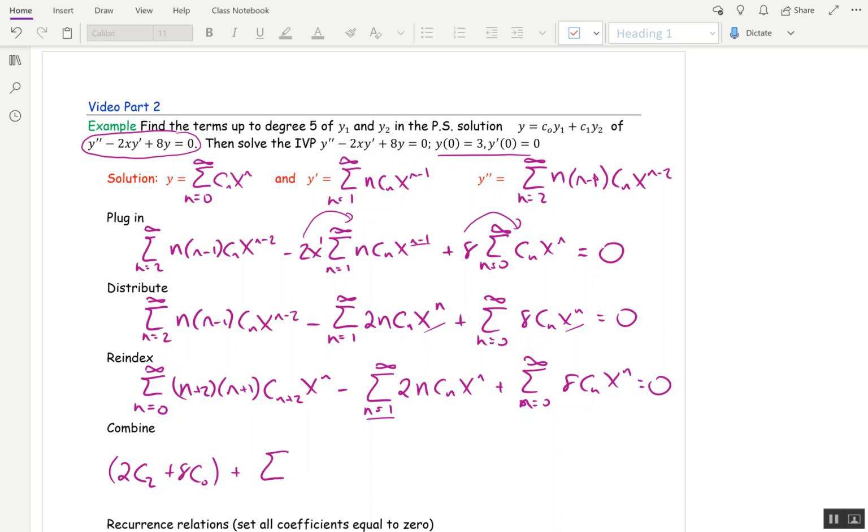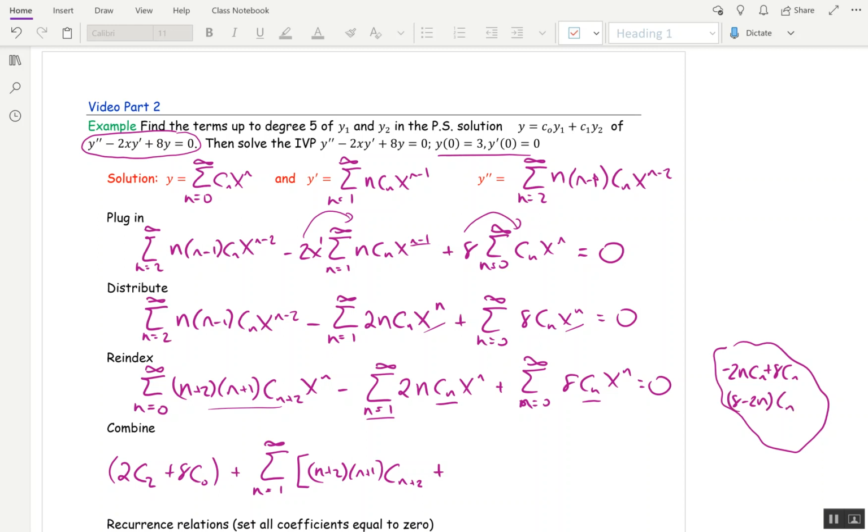Plus, now I can combine them all and start at 1, and I combine them by combining the coefficients. So, big bracket, my first coefficient is n plus 2, n plus 1, Cn plus 2, and then my second coefficient is, these are both in terms of Cn, so I've got negative 2n Cn plus 8Cn, which is 8 minus 2n Cn.